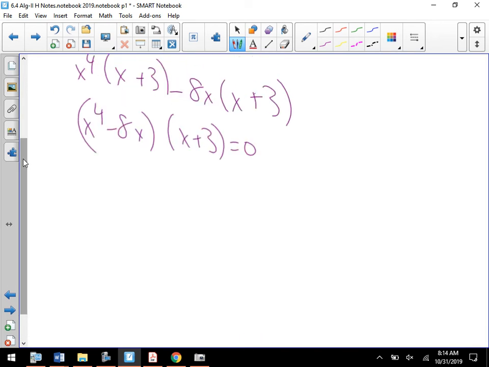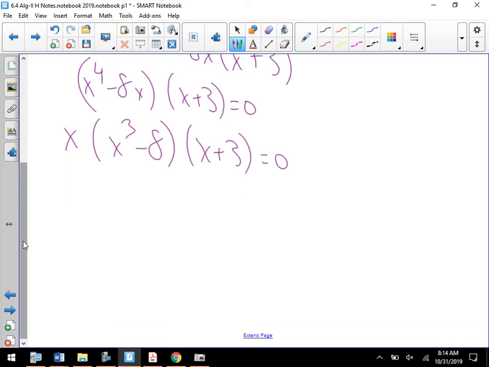So here you take out the x, and you have x cubed minus 8, and then x plus 3. At this point, I know that this is a difference of cubes, so I can factor that one further. So what I'll do is write out my x and my x plus 3. I'm going to put those two first. Remember, the order in which I write these things out makes no difference at all.